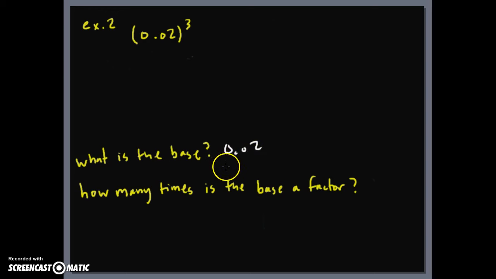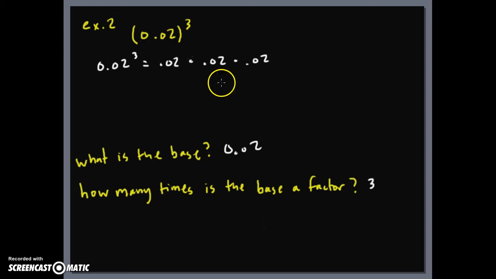It's always standard practice to put a 0 on the left side of the decimal. And the number of times the base will be a factor is 3 in this example. So we've got 0.02 to the third power, which is equal to 0.02 times 0.02 times 0.02.